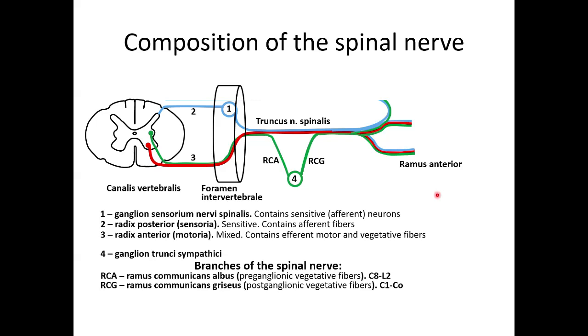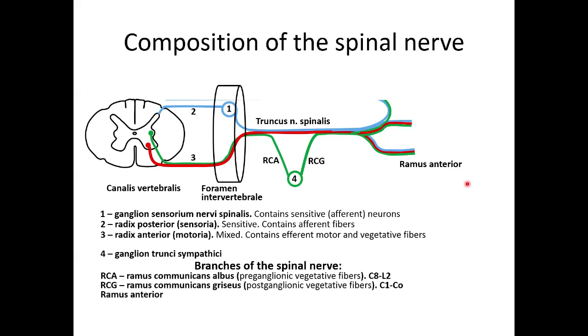Cervical plexus, brachial plexus, lumbar plexus, and sacrococcygeal plexus. 4 plexuses of spinal nerves are composed from only rami anteriores.